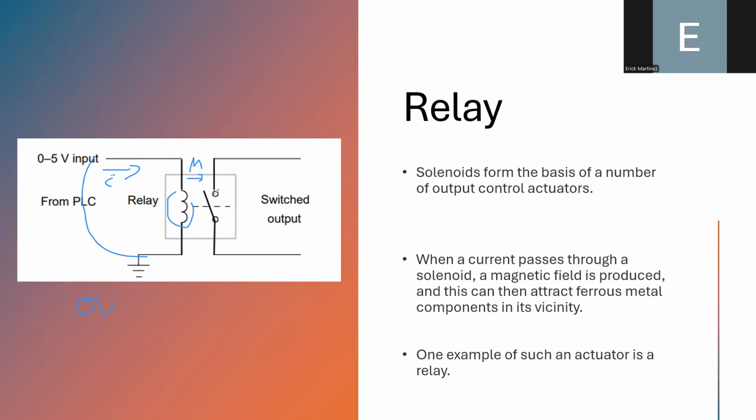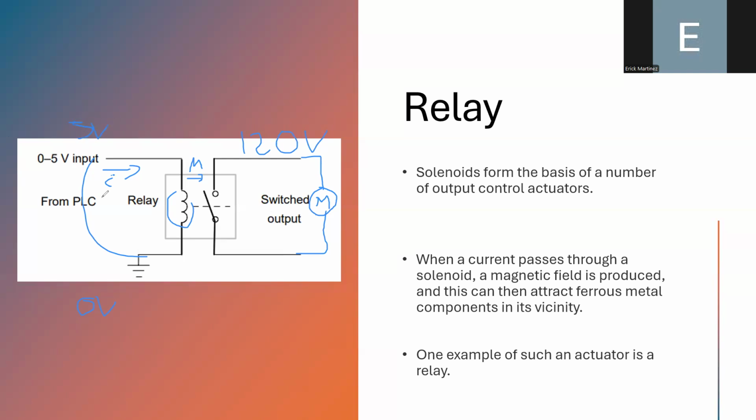But the advantage of this is that, for instance, you can control a high power rating system. For example, you can connect here a motor that maybe operates at a voltage of, I don't know, 120 volts, and you can control this type of device that requires a higher voltage with a low power system, that is the PLC, which according to this diagram only works at most at 5 volts.